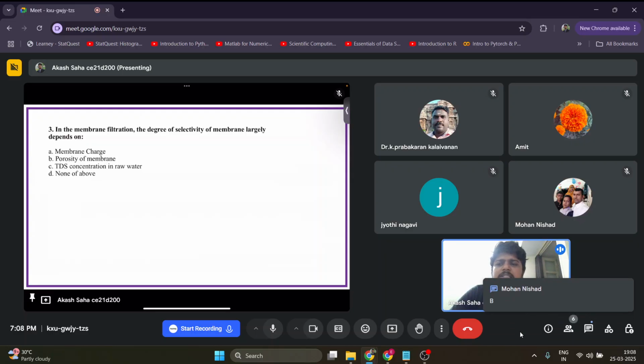Porosity is the ratio of the volume of pores to the volume of the solids.